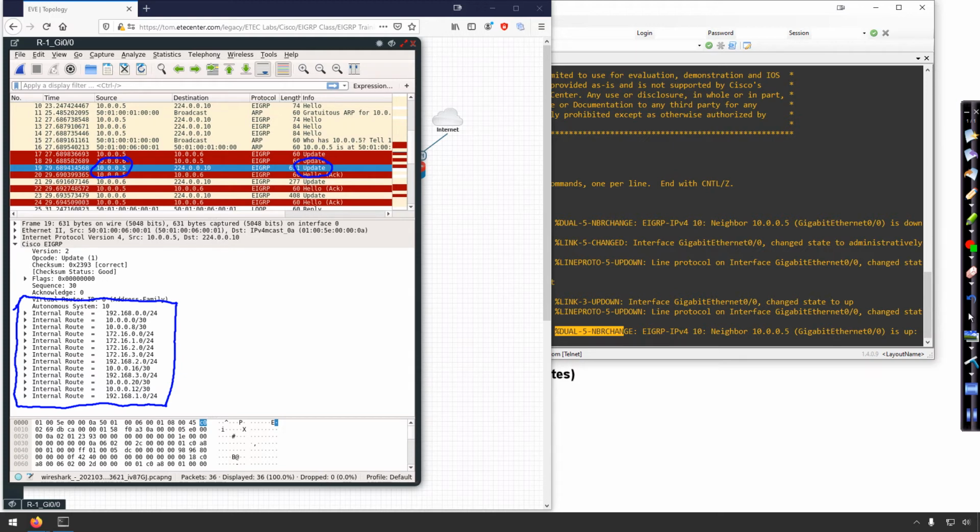Next are these acknowledgements right here. Since router 0 sent those routing updates, router 1 replies with an acknowledgement. Then here is the update from router 1 and the acknowledgement from router 0.